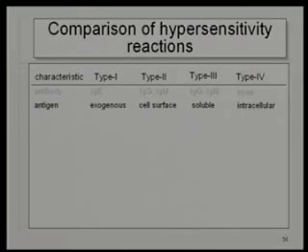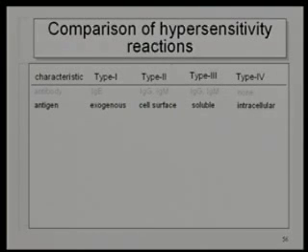Even when it is exogenous antigen, as in the case of drug-induced immune hemolytic anemia, the antigen, although exogenous, got coated onto the red cells, granulocytes, or platelets, depending on what sort of protein it could interact with and coat those cells.